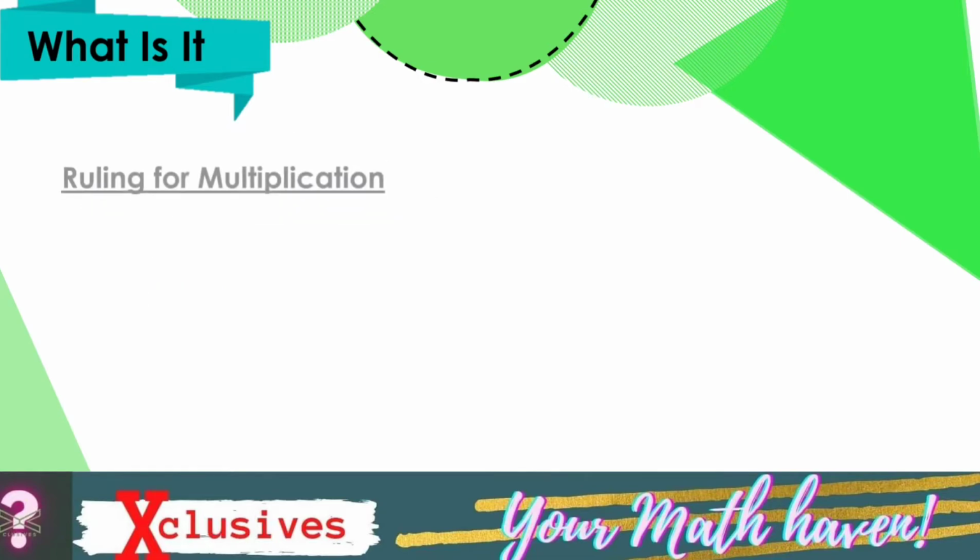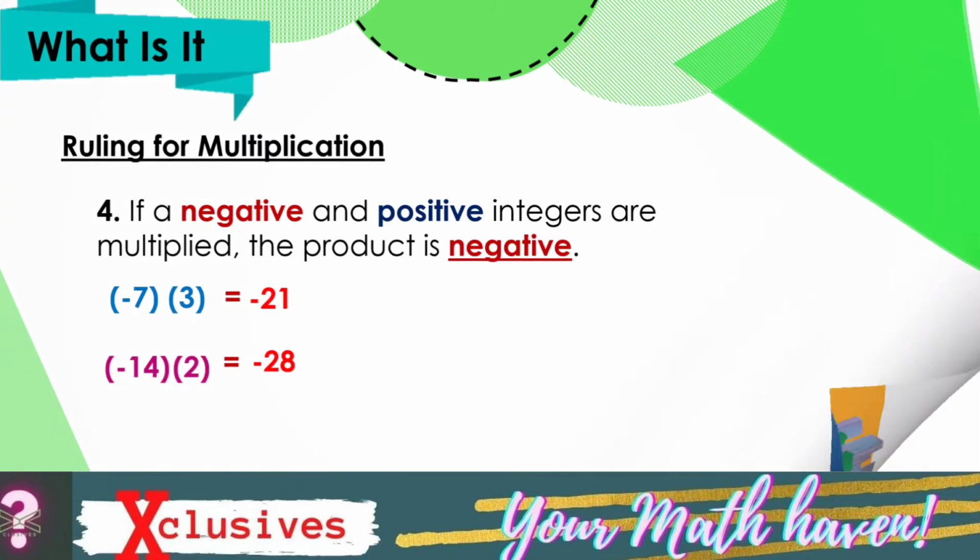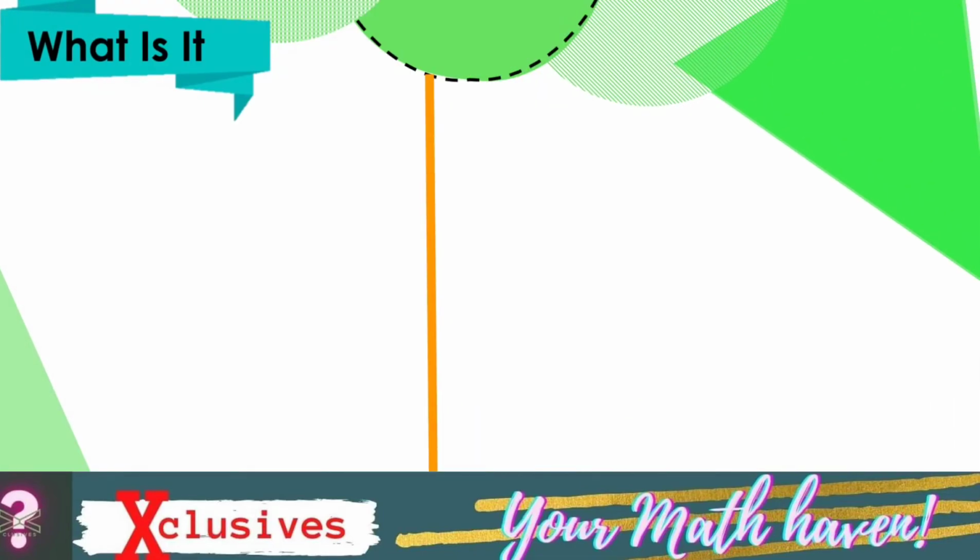Rule number 4. If a negative and a positive integer are multiplied, the product is negative. Let's have an example. Negative 7 times positive 3 equals negative 21. Did you get it? Is it easy, right? We must take note.